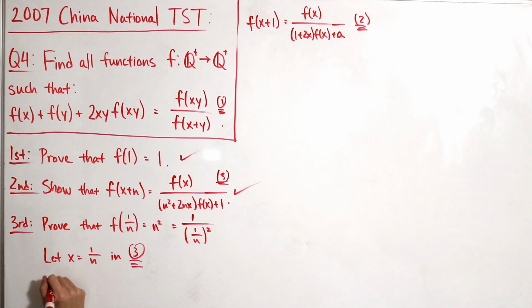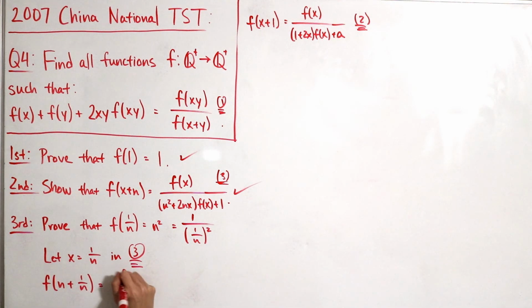Then we would have that f of n plus 1 over n is equal to f of 1 over n, and then divide this by n squared plus 2. Then we multiply this by f of 1 over n, and then add this with 1.